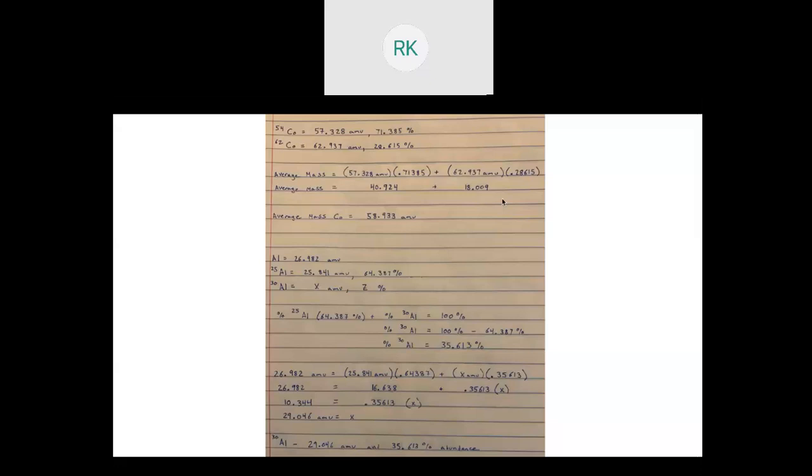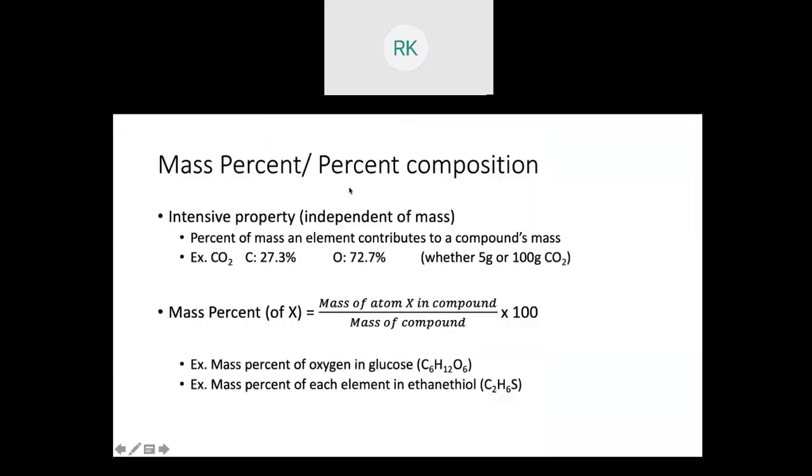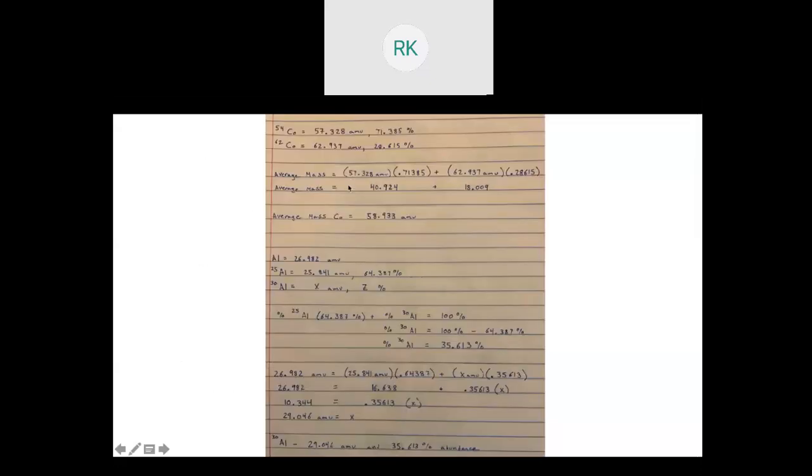Okay? And what we do is we just carry this math out. So we find that the average mass, when we add and multiply all these numbers together, would come out to 58.933 atomic mass units. Okay? Just things I want to highlight. Remember, when we are taking the weight of a single isotope and its percent abundance, those you multiply, right?